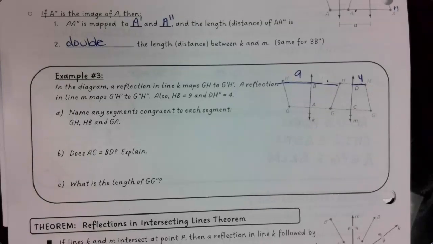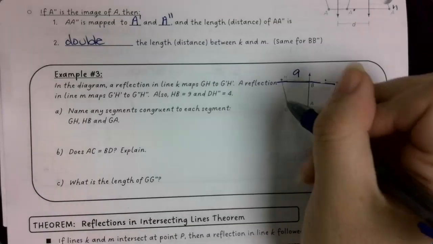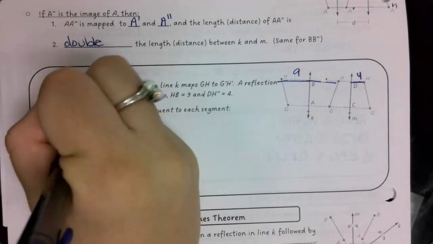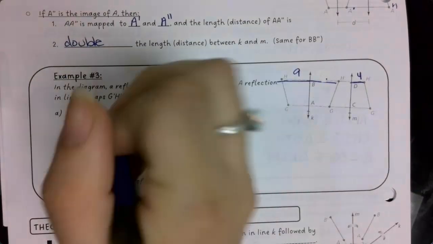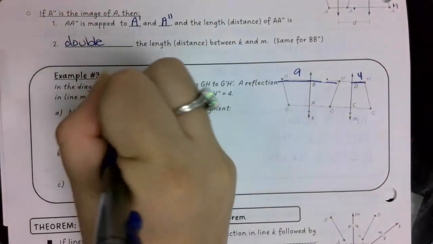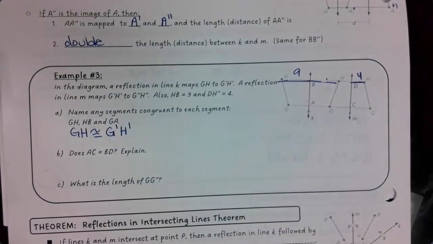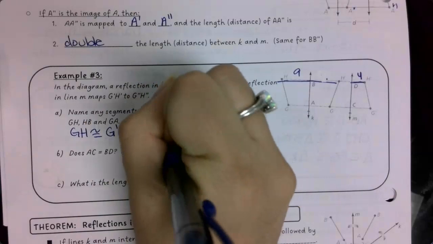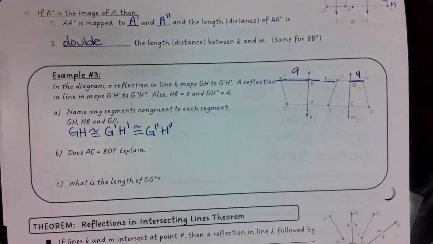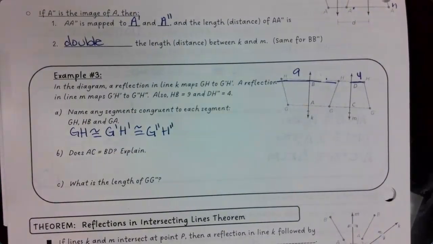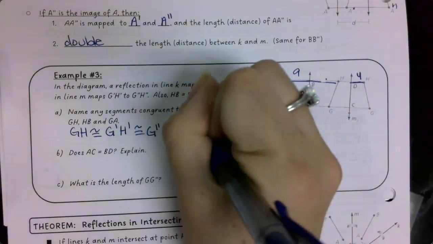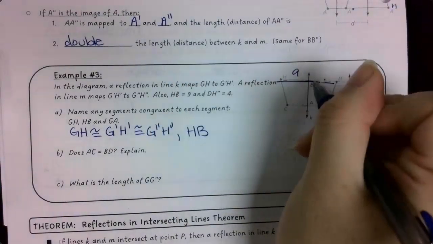So GH is this segment right here. Any of the reflections are going to be congruent to GH. So I have GH is congruent to G prime H prime. And that's going to be congruent to G double prime H double prime, because reflections keep congruence. Then for HB, that's the one where I wrote the 9.